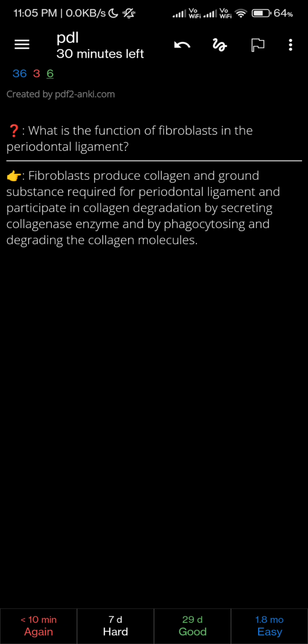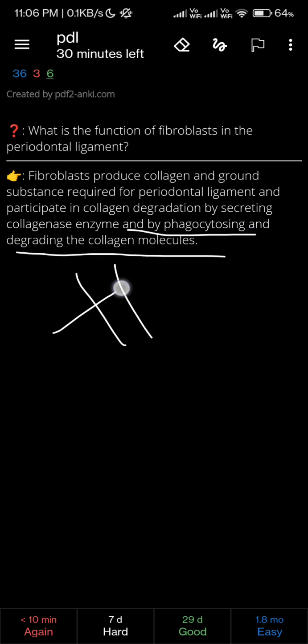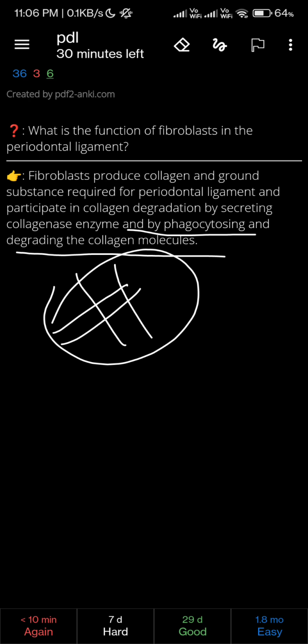They produce collagen and ground substance required for the periodontal ligament, and participate in collagen degradation by secreting collagenase enzyme and by phagocytosing and degrading the collagen molecules.